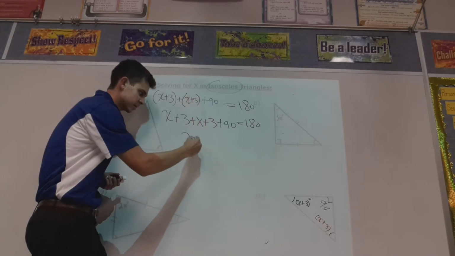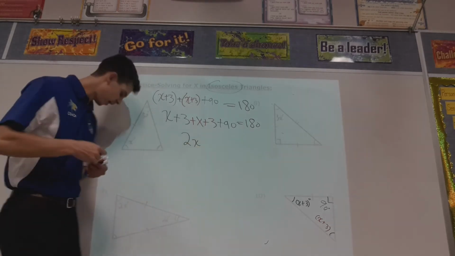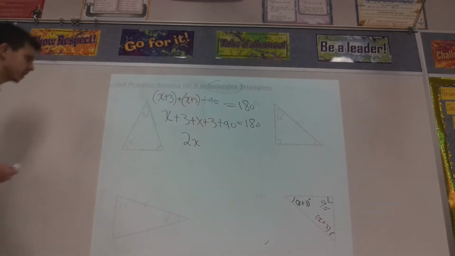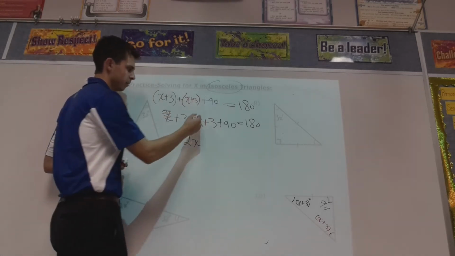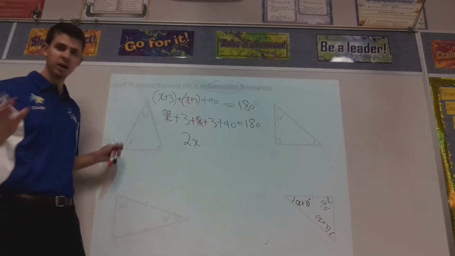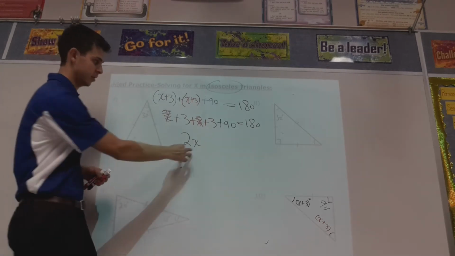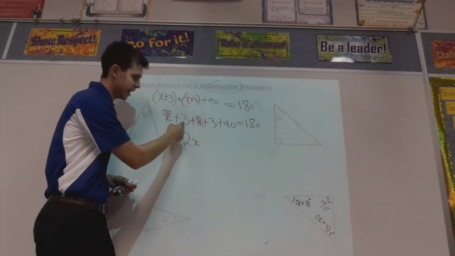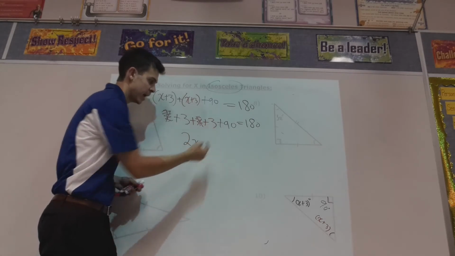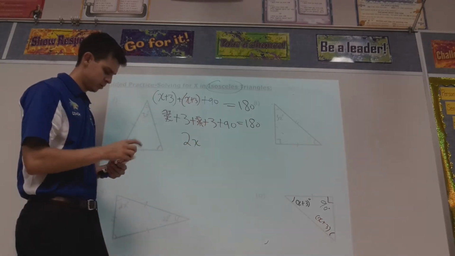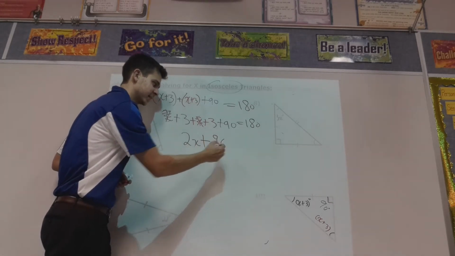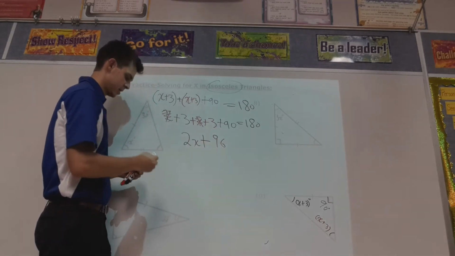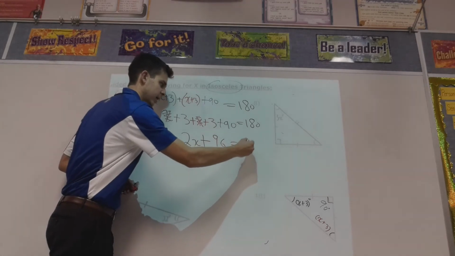I got 2 x's. And when you're doing a problem like this, when there's a lot of things you need to combine, sometimes I like scratching it out. I've taken care of that. Now I just need to add the 3 and the 3 and the 90, which will give me plus 96. And that's going to be equal to 180.